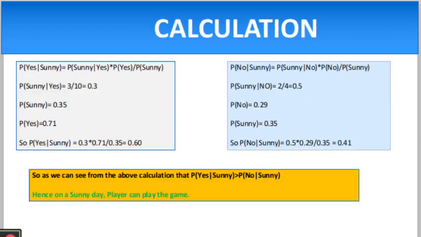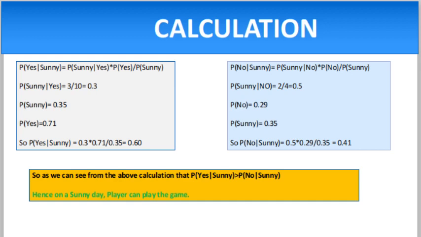Bayes theorem we applied, for example, P(Yes|Sunny). We calculate through the formula, and the value of P(Yes|Sunny) is 0.60 after the calculation.